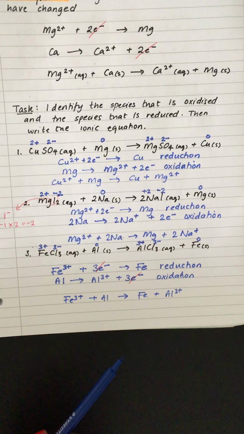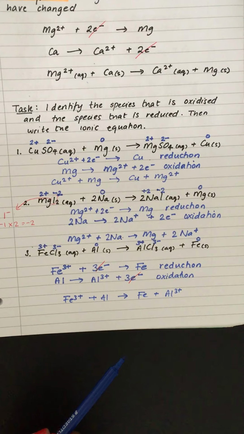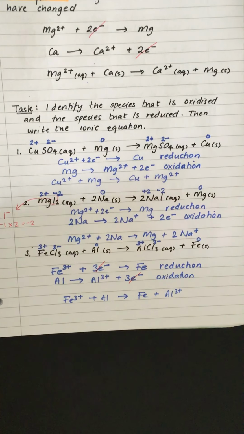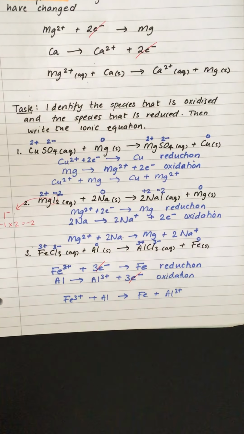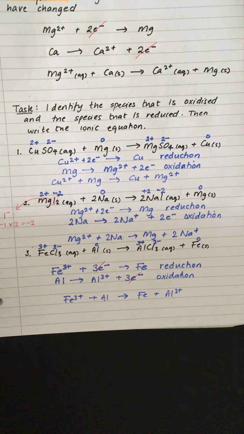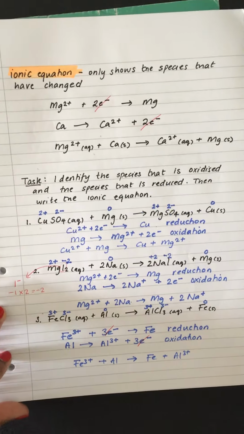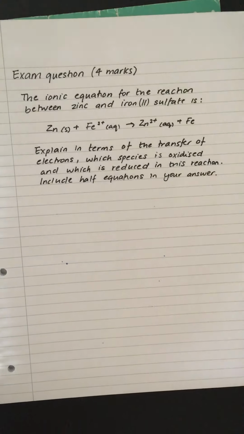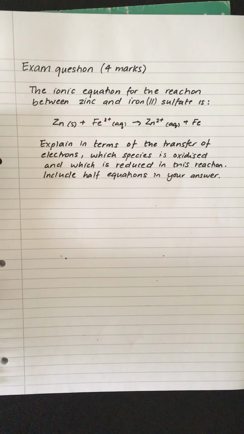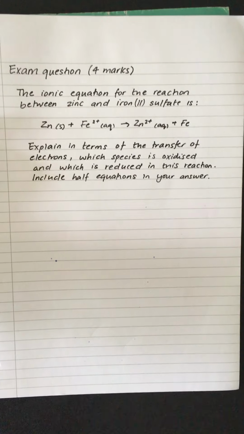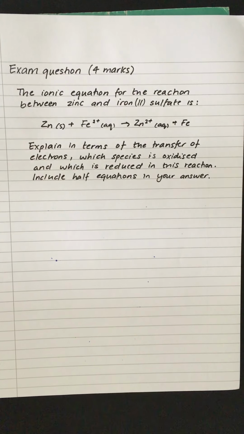Right, I'm going to put this in a bit more context for you by showing you an exam question that I've written out, and I want you to try, maybe give yourself 4 or 5 minutes. It is 4 marks. So the question is this. You can see that they've given us an ionic equation.